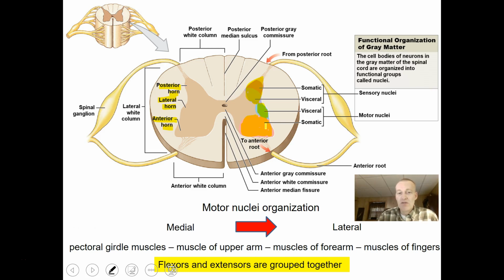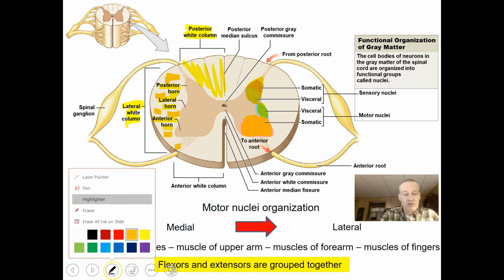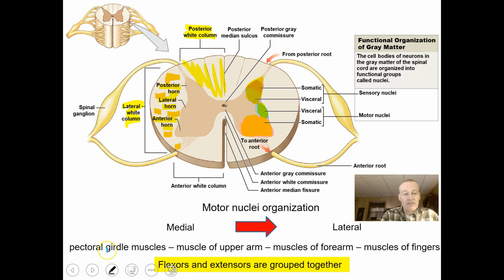Let me also talk to you about what's going on in the white matter. The white matter is organized into the posterior white column, which would be all this area right in here. We have the lateral white column, which is all of this particular material right here. And then the anterior white column is all of this white matter here.